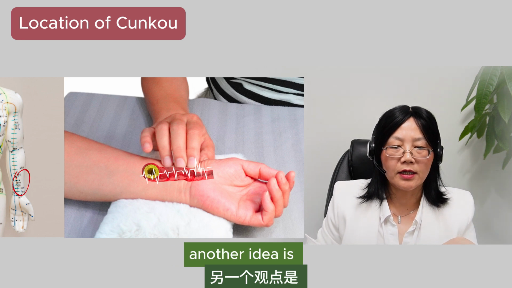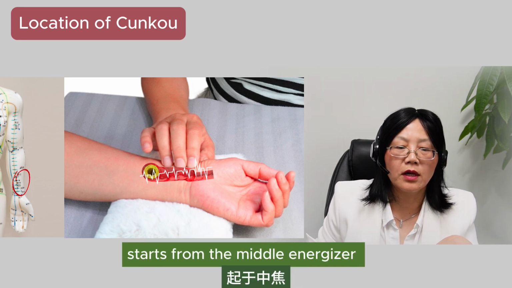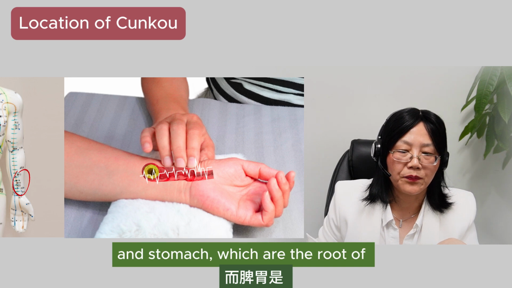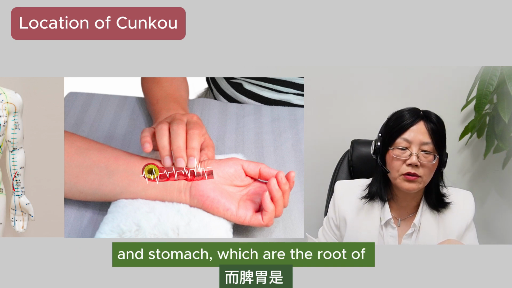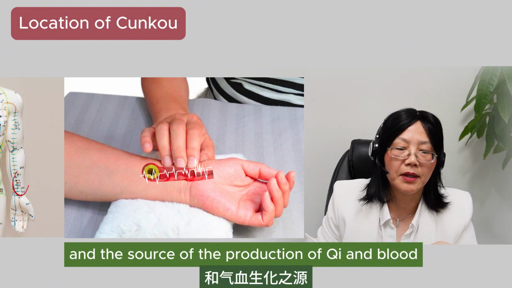Another reason is that the lung channel of hand Taiyin starts from the middle energizer, and it communicates with the qi of the spleen and stomach, which are the root of the postnatal foundation and the source of the production of qi and blood.